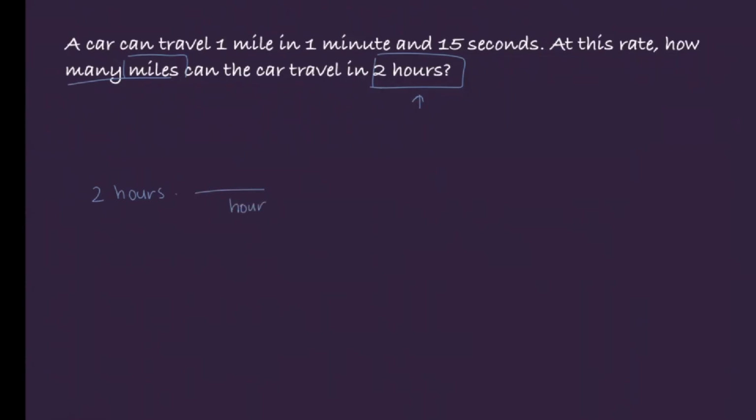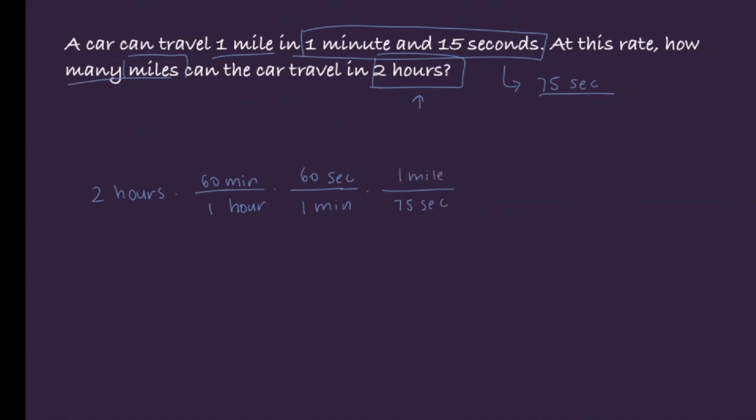We know that 1 hour is equal to 60 minutes, so get the minutes on the bottom. And 1 minute is equal to 60 seconds. We also know that 1 minute and 15 seconds is 75 seconds. The car can travel 1 mile in 75 seconds, so 75 seconds is equal to 1 mile in this problem.